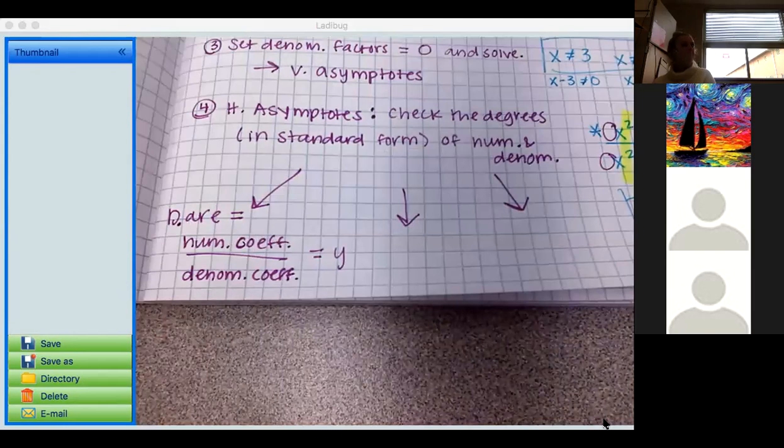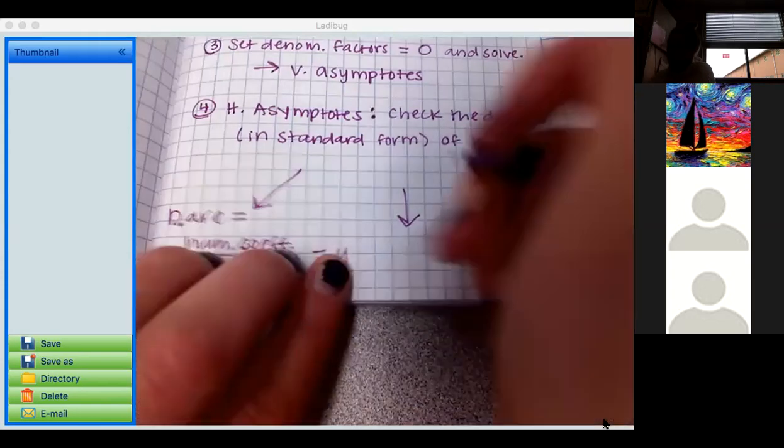All right, what if the degrees aren't equal? Give me one option. Do you want the top one to be bigger or the bottom to be bigger? Okay, let's talk about the top.